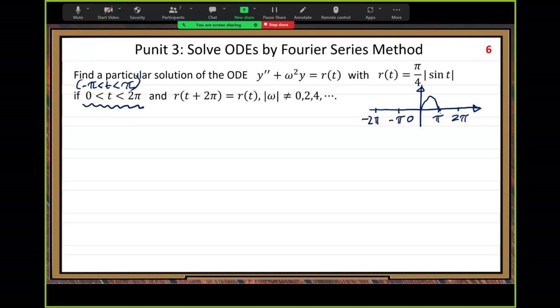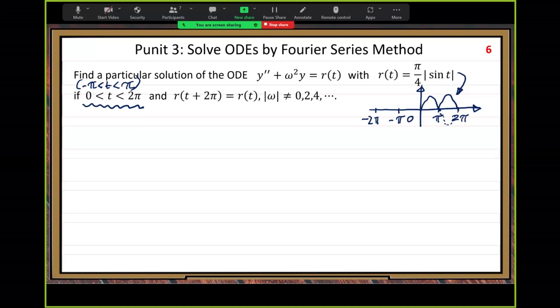But if we do not take the absolute value, between pi and 2 pi the graph is below the t-axis. When we take the absolute value, we flip it. So the graph is like this. This is r of t.